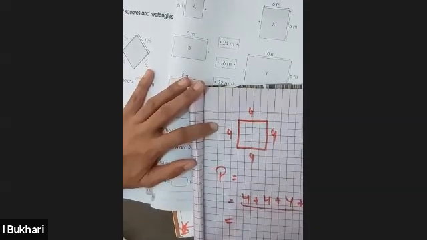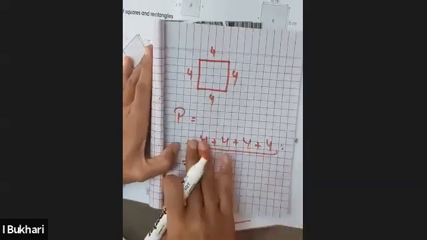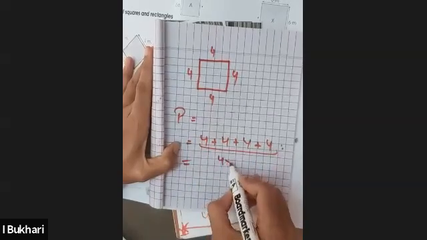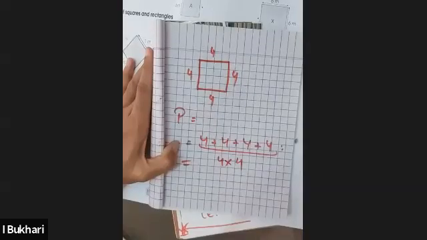So what are you doing? You are adding 4 times. When you are adding 4 times, can you do 4 into 4? Because what is 4 times 4? It's the same as when you add 4 times. This is what multiplication was all about, remember?